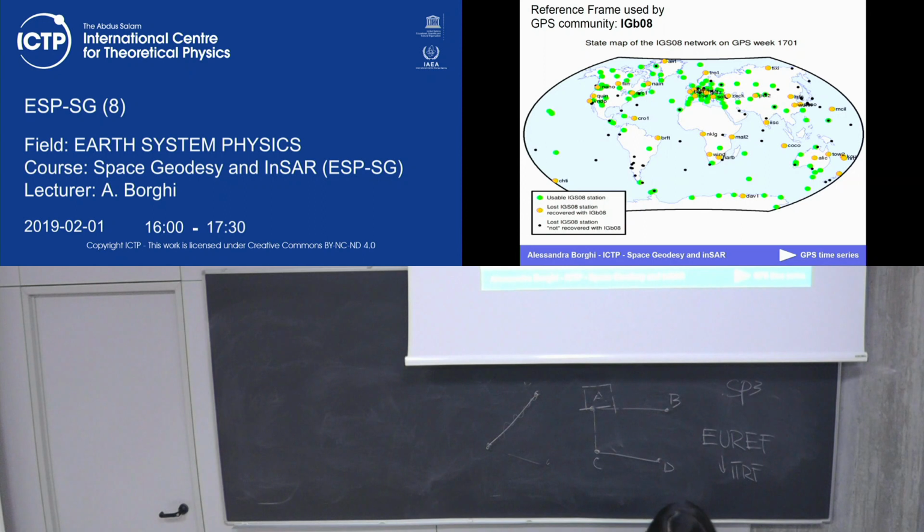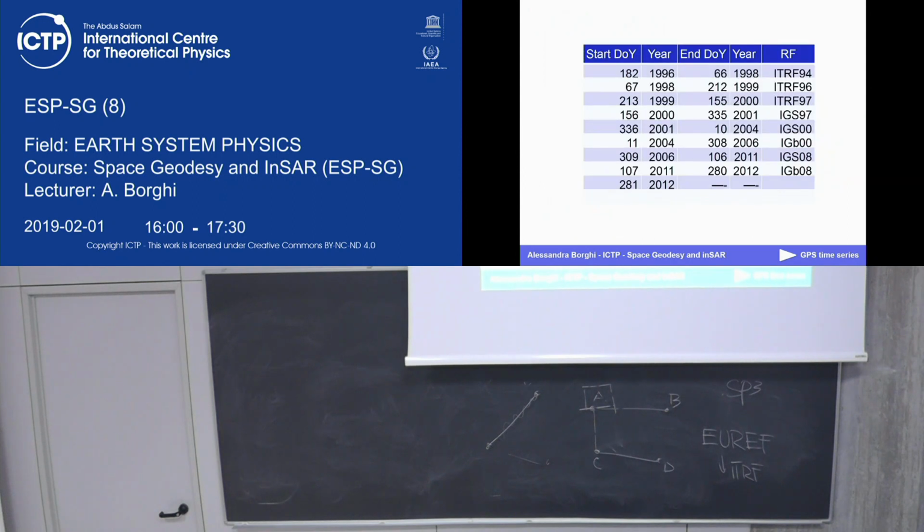So it's more consistent with GPS, but it's obtained from just this technique. There are parameters to move from IGS to ITRF. Okay, we can move from one frame to another frame. This slide is not updated because in 2017 we have IGS14. I'm going to correct it.